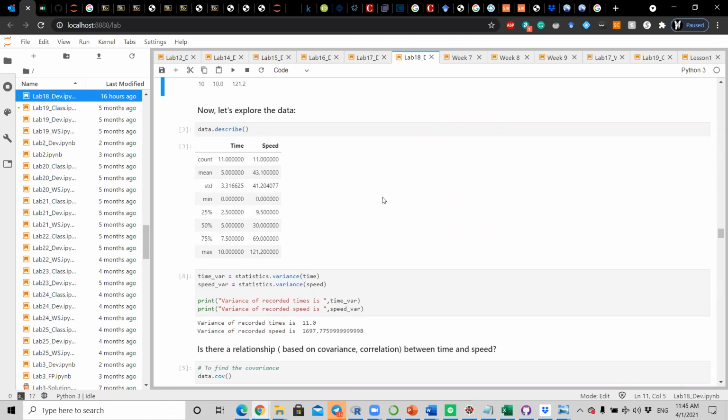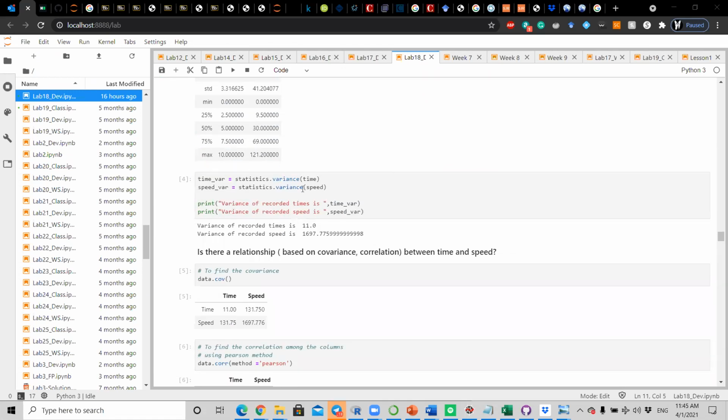Let us go on and calculate the variance for time and speed based on what we have. Do I have a volunteer who wants to explain this? I can ask Aaron. Are you there? Yes, I'm here. Awesome. So can you explain what is happening in this code cell?